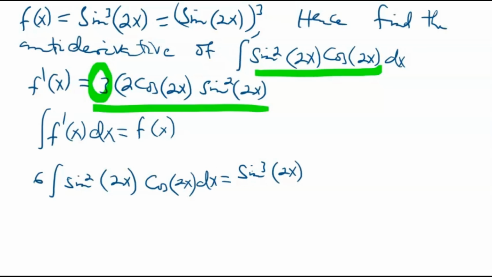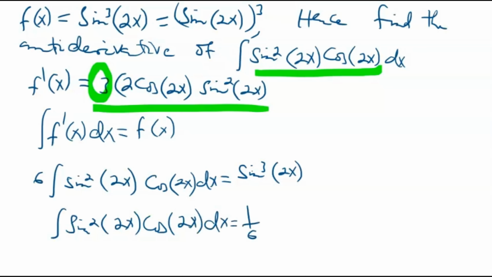And we divide by 6 on both sides. That gives us 1/6 plus c.